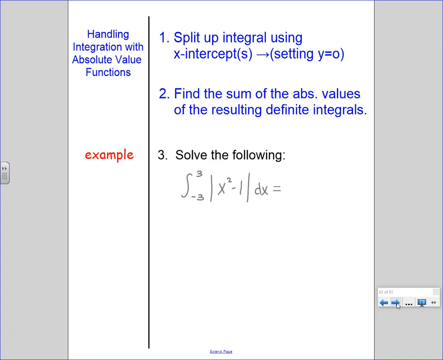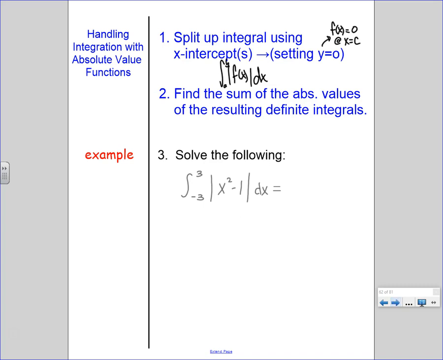Split up the integral using the x-intercepts, aka set the y equal to 0. So when you have, for instance, the integral of the absolute value of f of x dx from a to b, we set the f of x equal to 0.